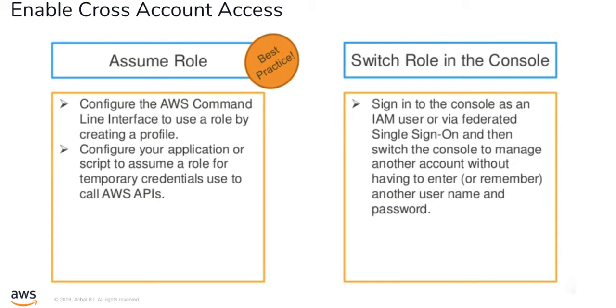This happens when you have an organization enabled and there are a lot of accounts within your organization, and you could go and switch the account in the my profile section, which is on the top right corner. You could just switch the accounts within the console. So there are two ways that you could do it.